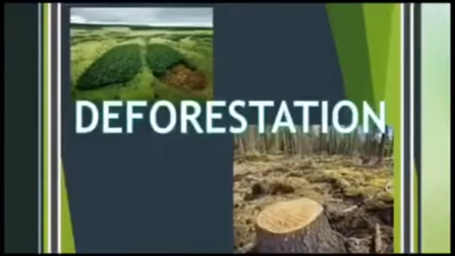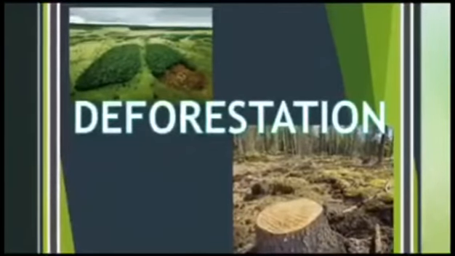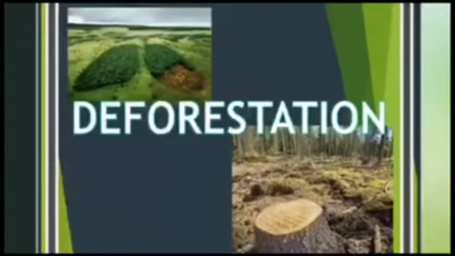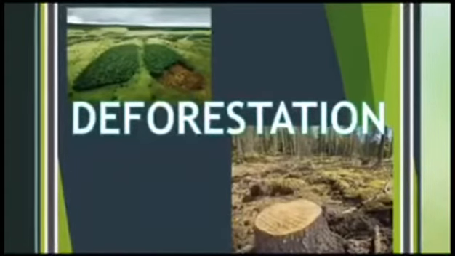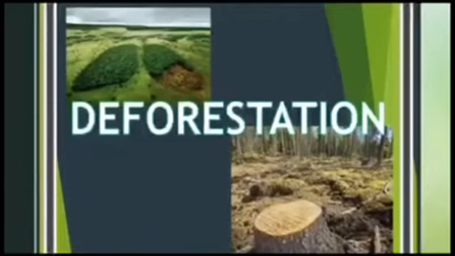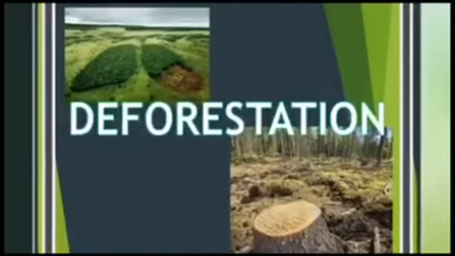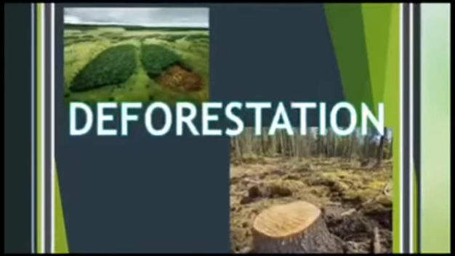So here is the first impact of humans on the environment. This is called deforestation, and it is the overexploitation of natural resources which occurs when forest areas are cleared and the trees are not replanted or allowed to regrow.